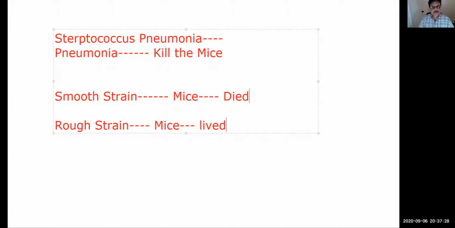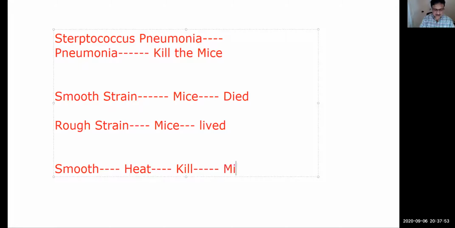So same bacteria, but two different strains had a dramatic effect. Any scientist who comes across such dramatic results would like to know what is going on. So he took the smooth bacteria and, using high temperature, killed the bacteria, and when he injected it into the mice, they lived.